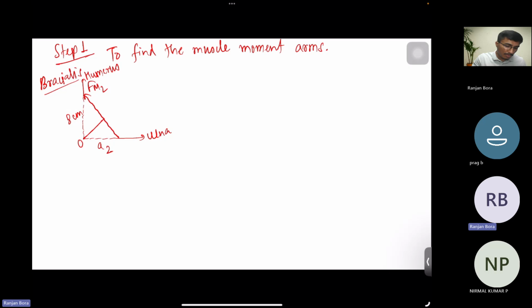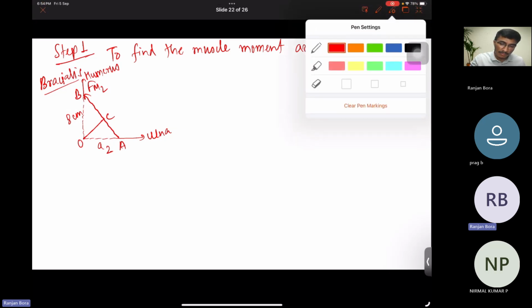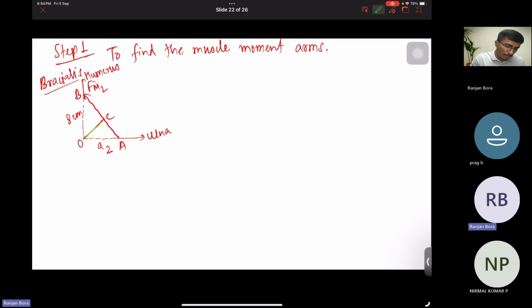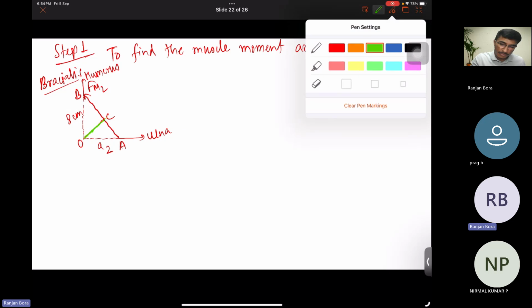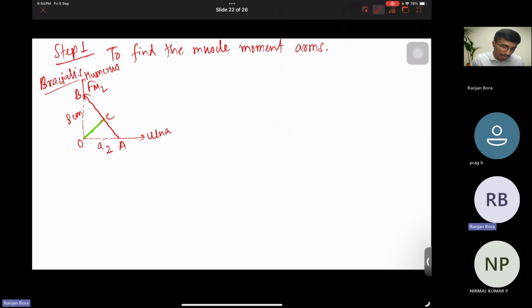If we represent it O, A, B, C, this OC is the moment term. So our aim is to estimate this OC. How will we get that? We'll apply some trigonometric relations.